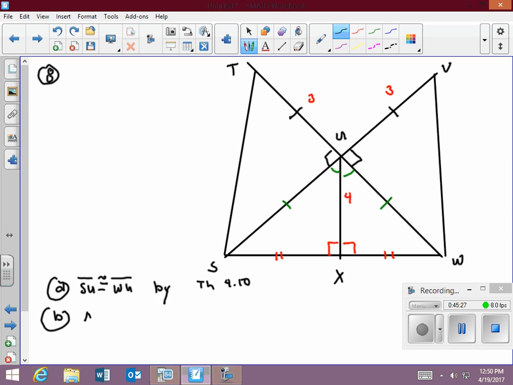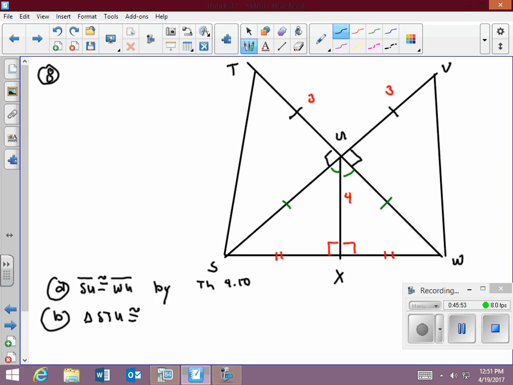So triangle STU is congruent to triangle WVU, side angle side.